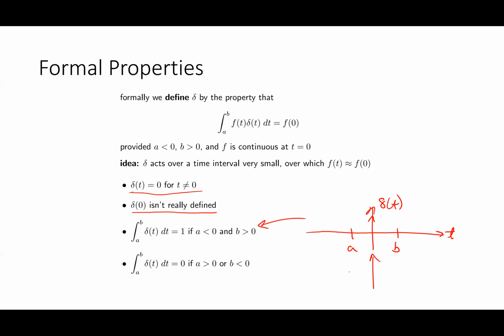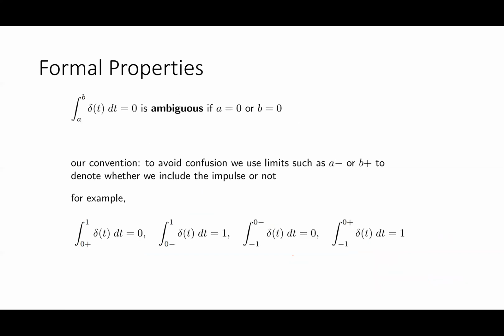If instead I have a over here and b over here, not including the delta, what's that area going to be if I take this integral over that function in that window? 0, right? That's the scenario when my bounds don't include the delta. It's not a particularly fancy thing I need to think about too much.